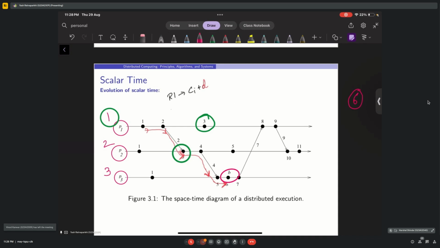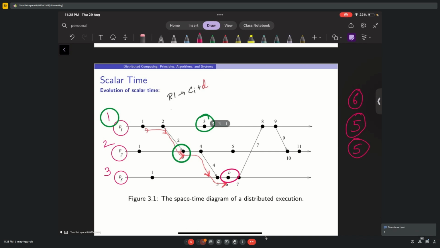Guys, come on. Okay, 5. Any other answers? Prasanna, 5. Okay. So why 5 and why 6?